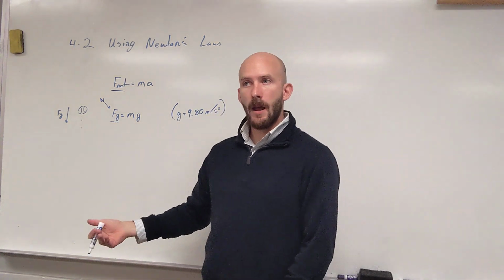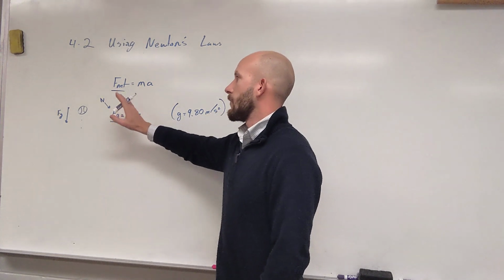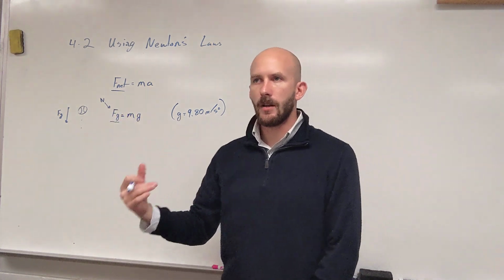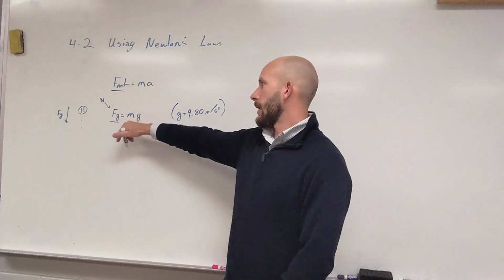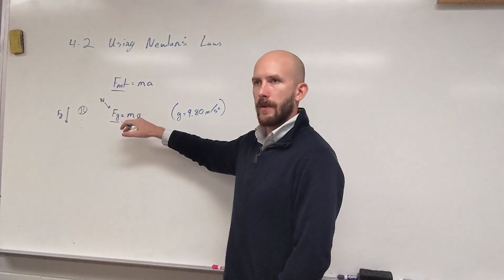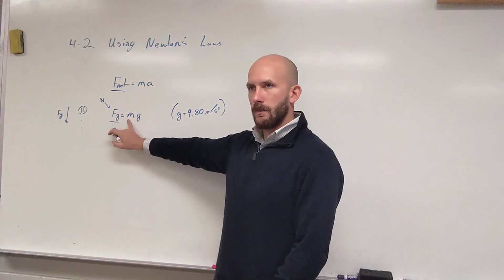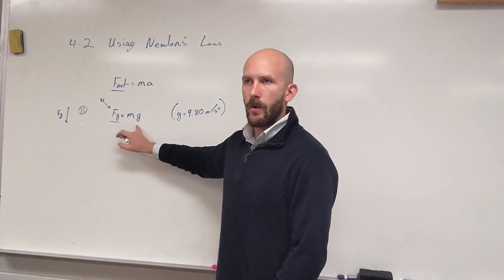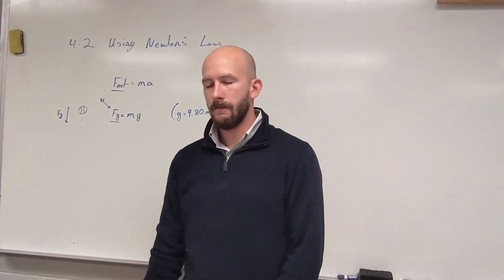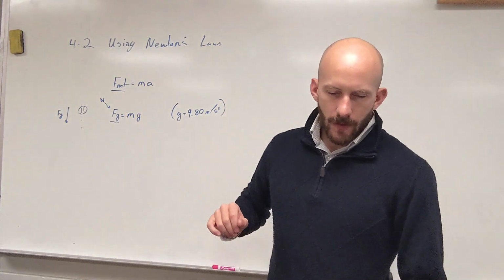We're not going to work in pounds mainly. You can convert, but the SI unit is newtons. For example, a 10 kilogram object near the surface of Earth with an acceleration of 9.8 meters per second squared, the weight would be 10 times 9.8, which is 98 newtons. Makes sense?